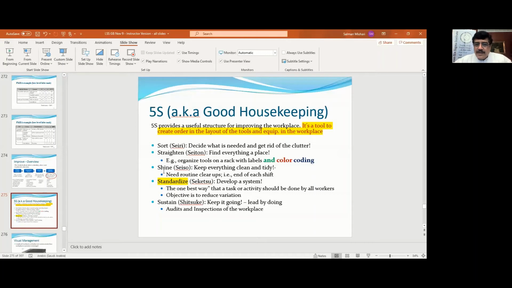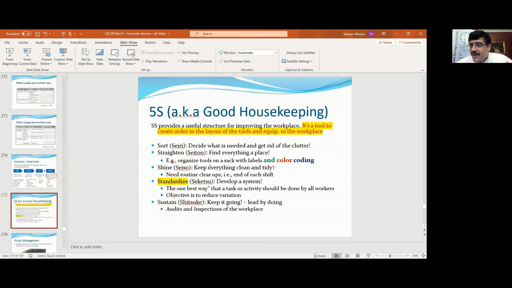Then shine. Shine is to keep everything clean and tidy. And the purpose is not just cleaning. It's not like cleaning for being hygienic or something like this. It's shining because you want the thing to tell you that I'm missing, I'm not here. Sometimes if you put something in a visual management perspective, if it's not there, it will tell you, I'm not here.